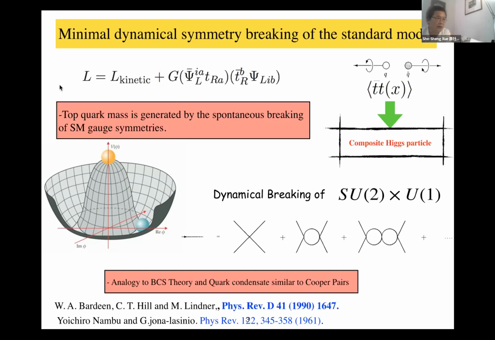This four-fermion interaction was studied many years ago, introducing dynamical symmetry breaking and generating the top quark mass. In one language it is called the Higgs mechanism, in the other the Nambu-Jona-Lasinio model. They are equivalent at low energy. Okay, let's go on.